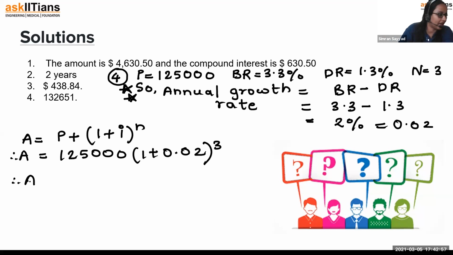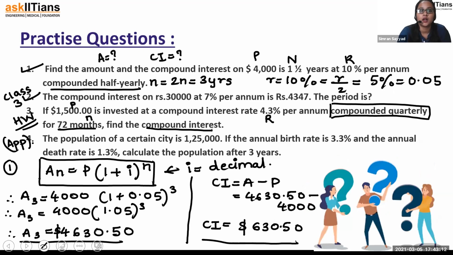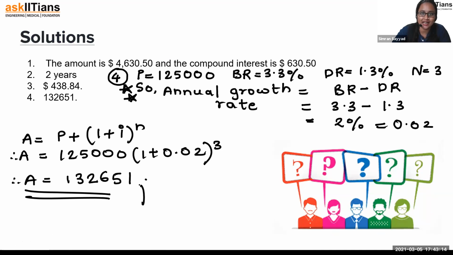And when you calculate all this, you're going to get 1,32,651. That's it. So what is this? This is the population. So at last you have to write, this is your population after 3 years.